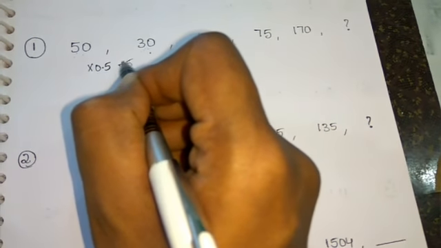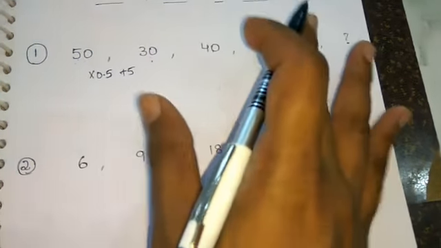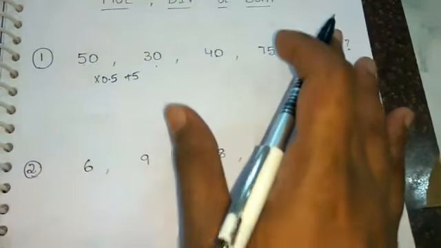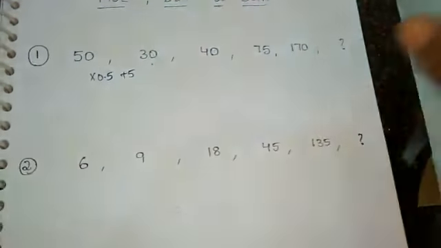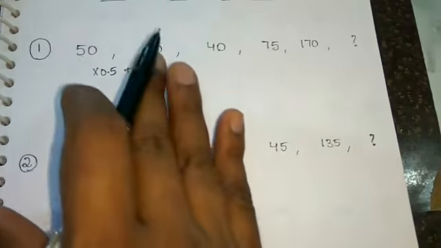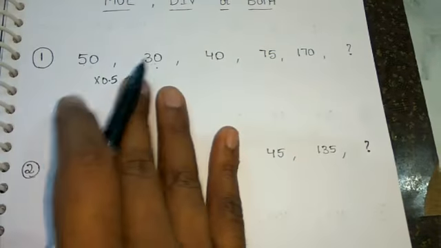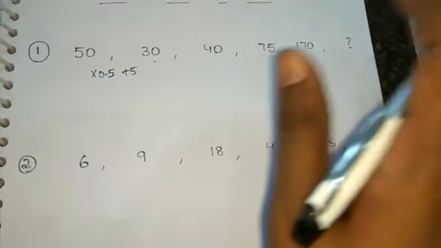25 plus 5, right? So there is a chance, there is a possibility. First of all, you should see this possibility. Before finding the difference also, you should check this possibility first.